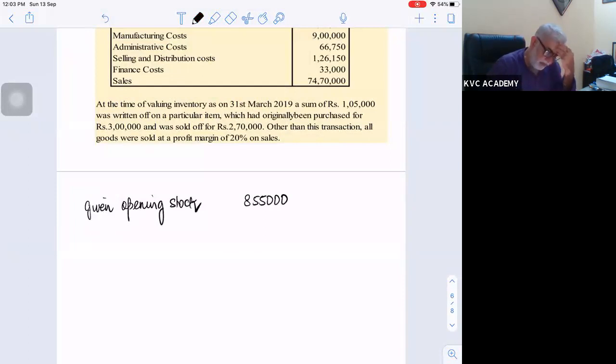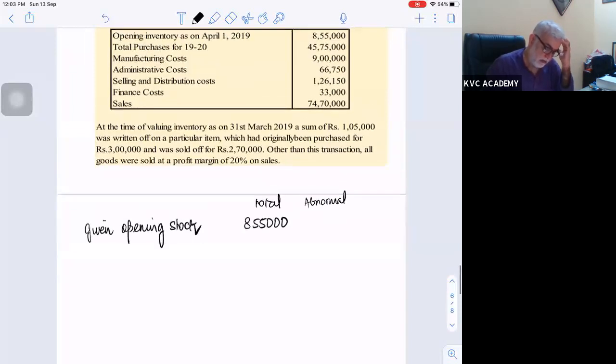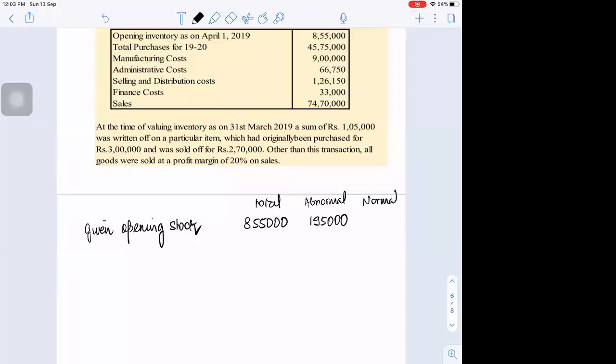The abnormal item is how much? 3 lakh minus 1 lakh 5,000. 1 lakh 95,000. Okay, so normal item is how much? 855 minus 195. 6 lakh 60,000.